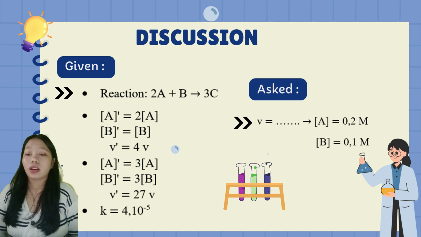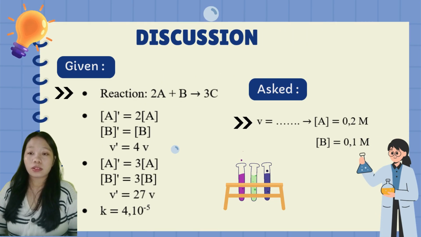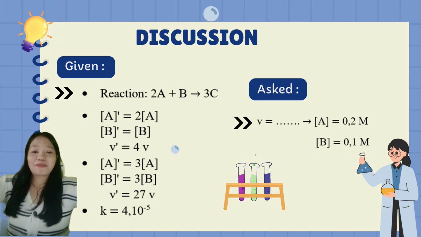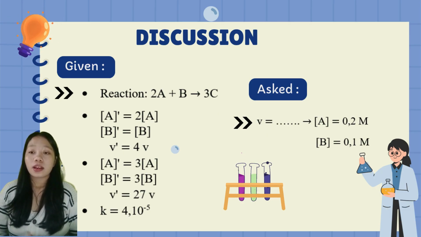And K equals 4 times 10 to the power of -5. Find the rate when concentration A equals 0.2 M and concentration B equals 0.1 molar.